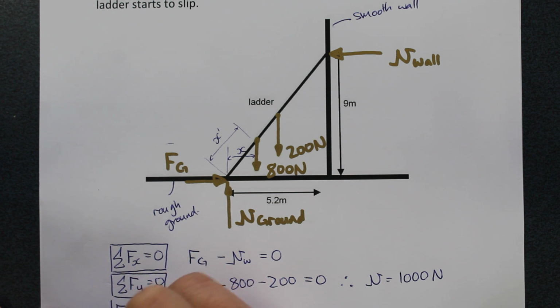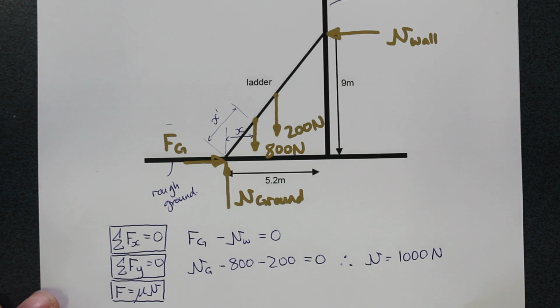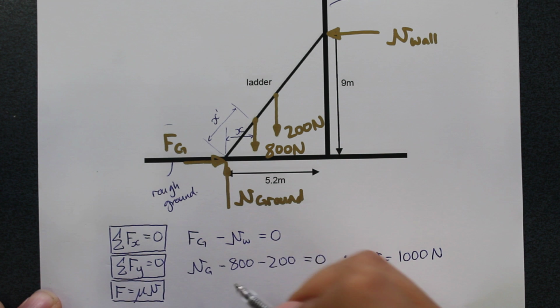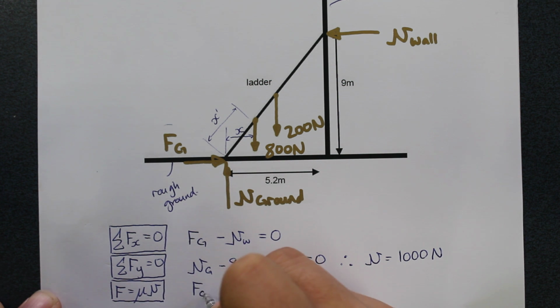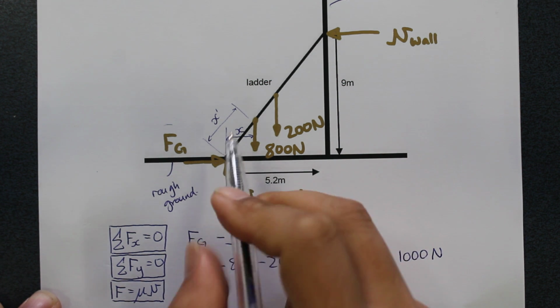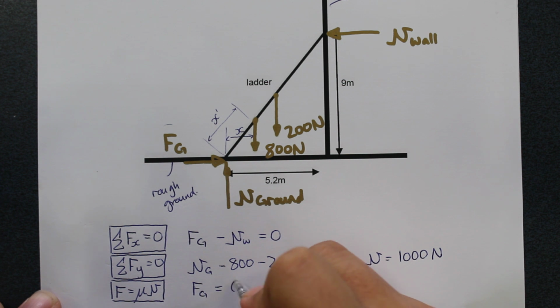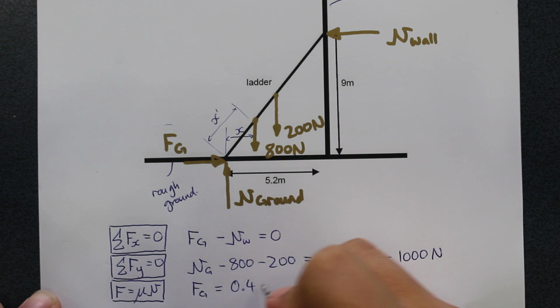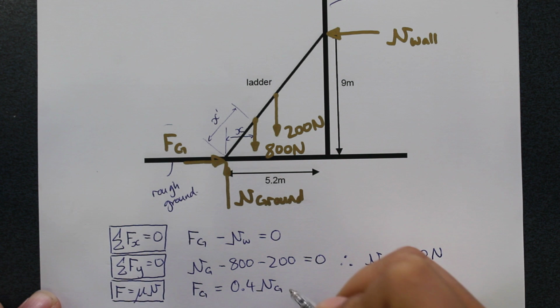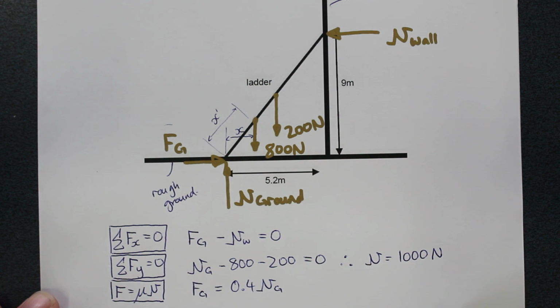There is a relationship between the maximum friction force and the normal force, which is F equal to mu N. So here we can write Fg equal to mu, which was 0.4, times Ng.